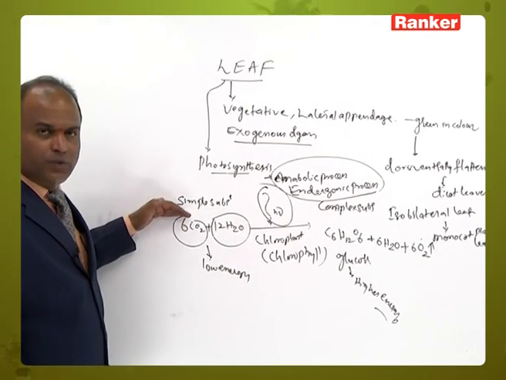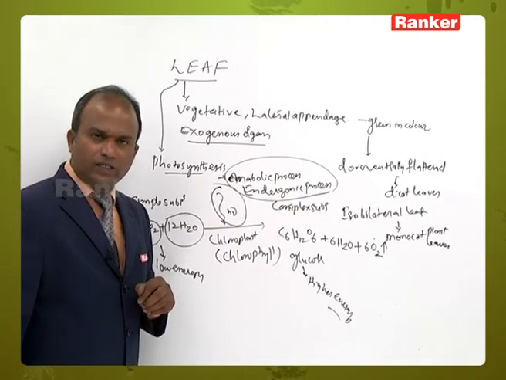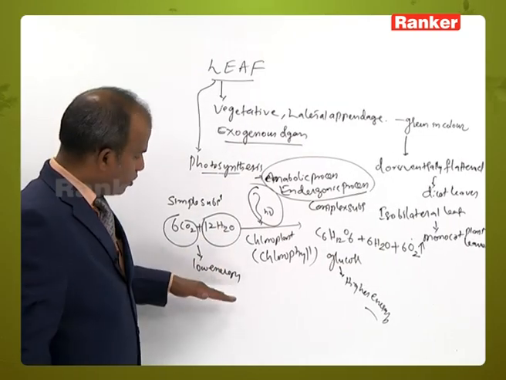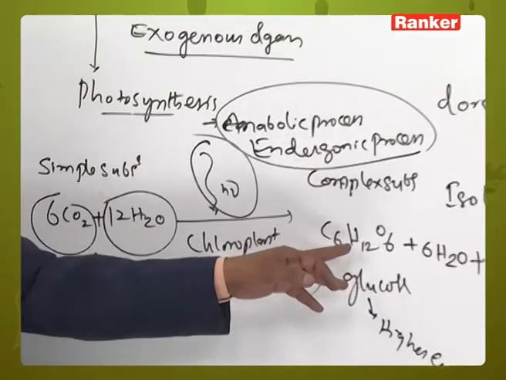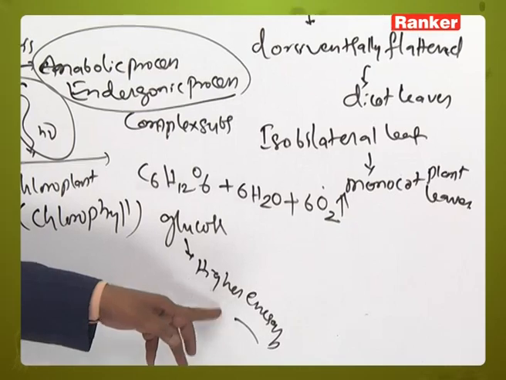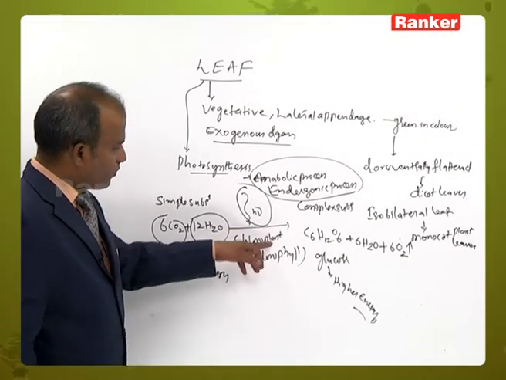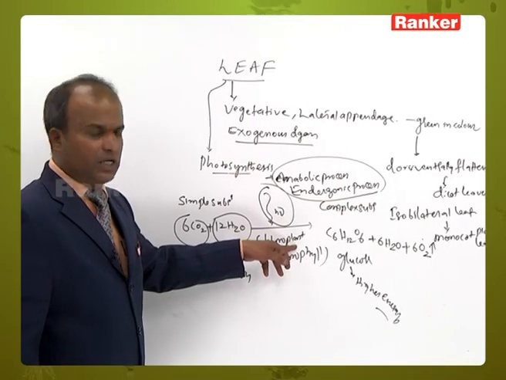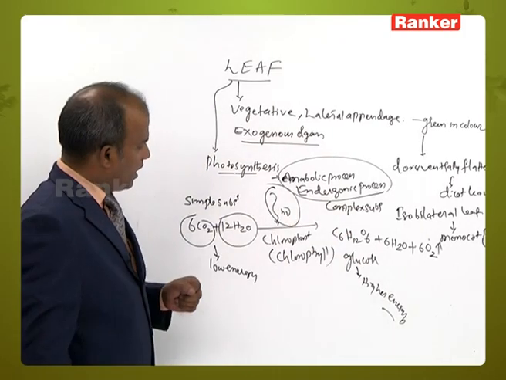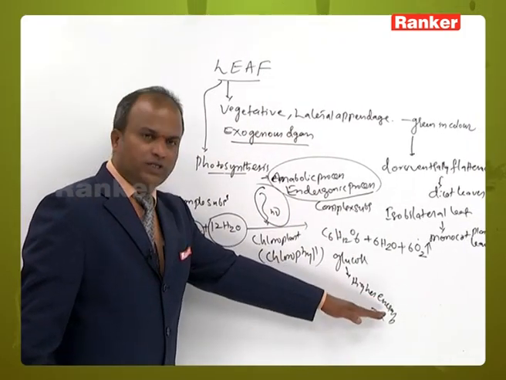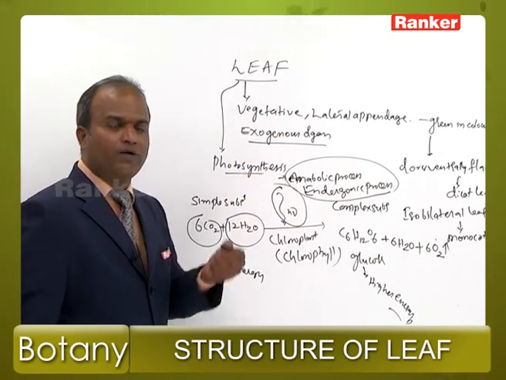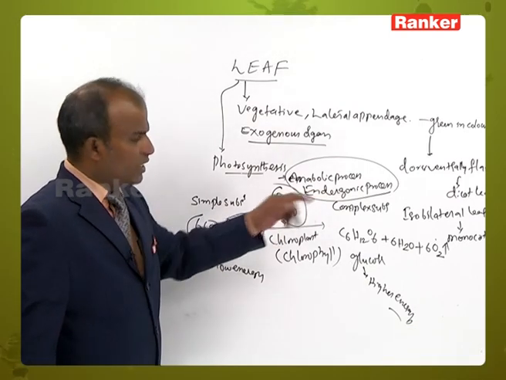During photosynthesis, simple substances, 6CO2 plus 12H2O, low energy compounds, are converted into the high energy complex substance glucose in the presence of chloroplast, the kitchen of the cell, which contains chlorophyll. Energy is utilized in the form of sunlight, so it is an endergonic process.